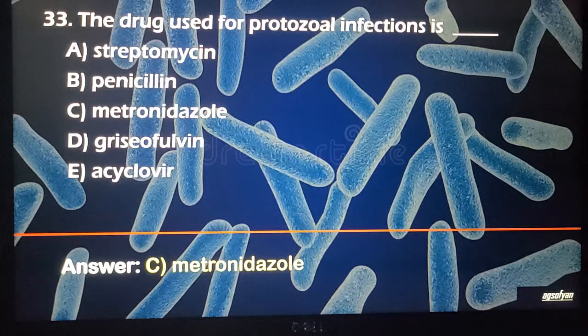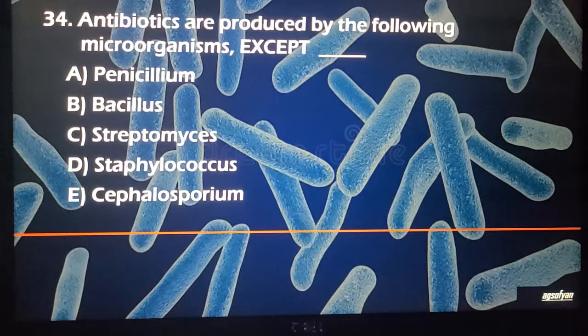Yeah, the answer should be C. Metronidazole. Remember, streptomycin and penicillin used for bacteria, so it is not for protozoa. Griseofulvin is for fungi. Acyclovir, this vir is mean for virus. So the correct answer will be metronidazole.